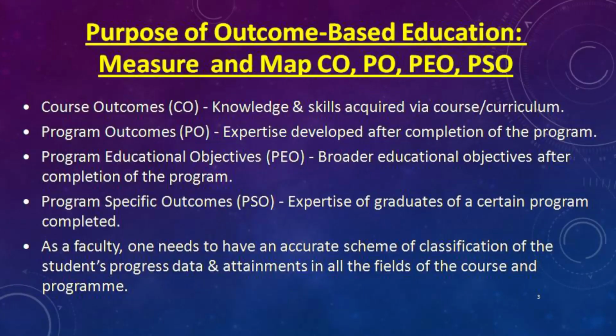Purpose of outcome-based education: measure and map CO, PO, PEO, PSO. Course outcomes, CO: knowledge and skills acquired via course or curriculum. Program outcomes, PO: expertise developed after completion of the program.